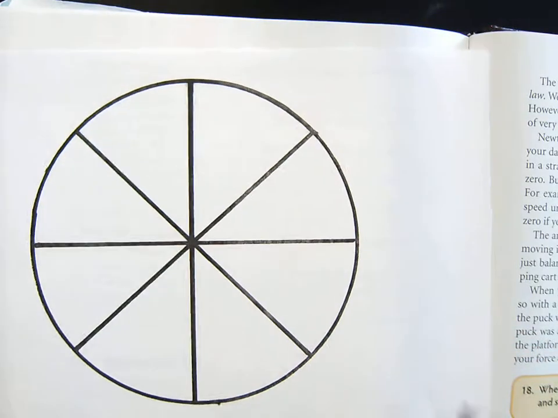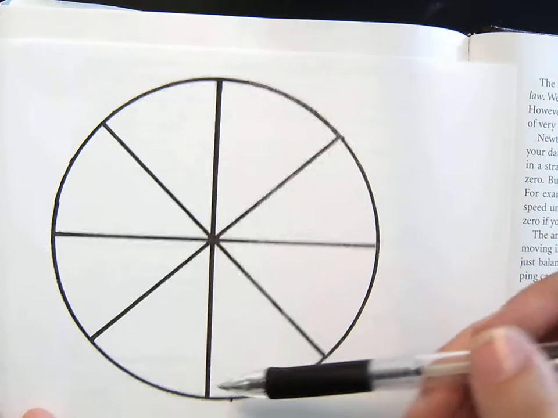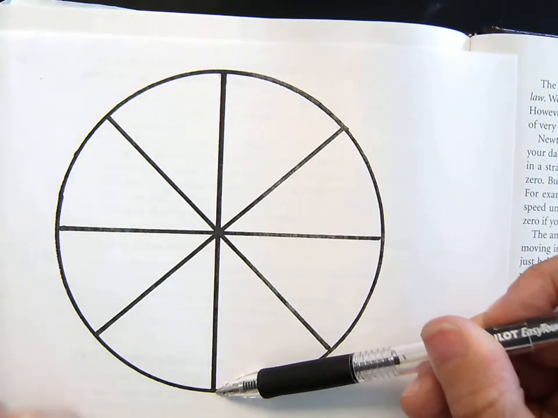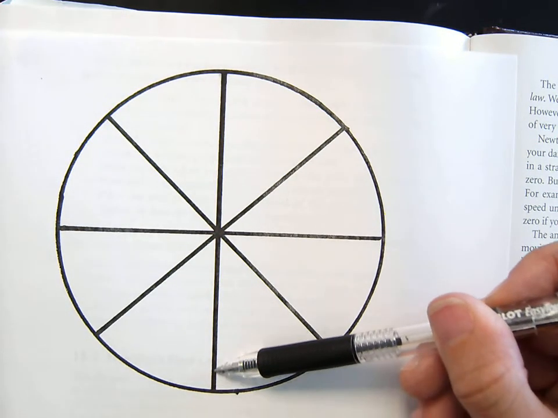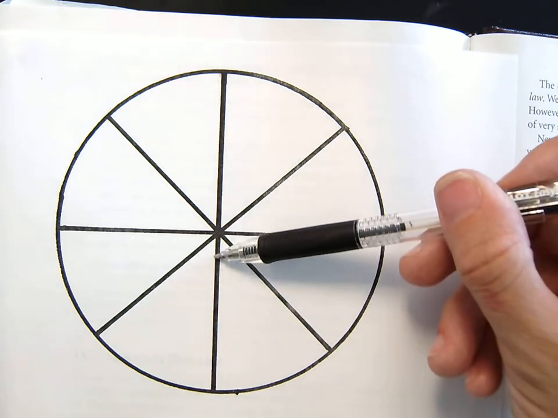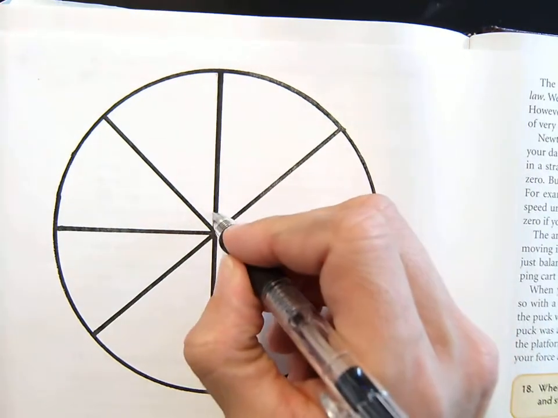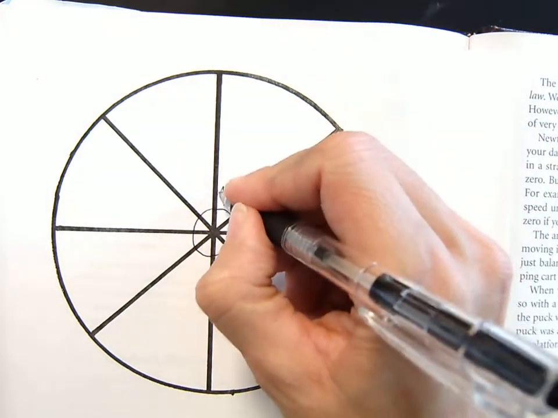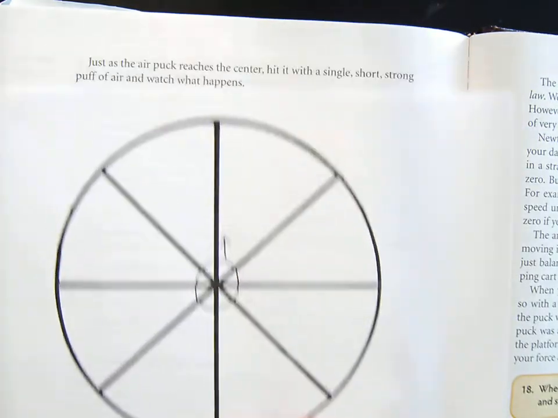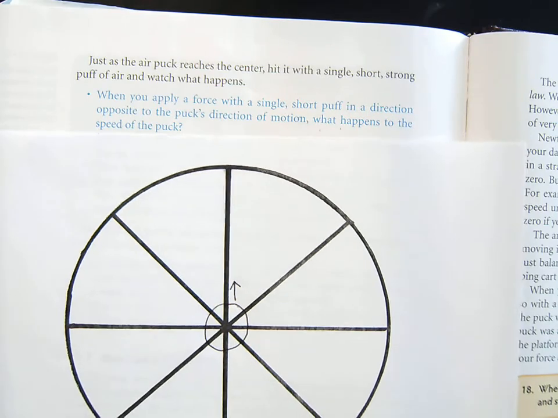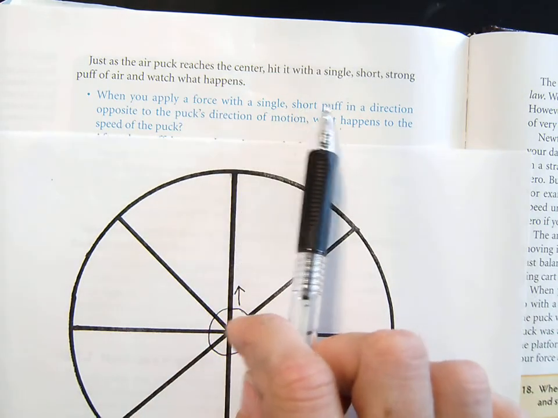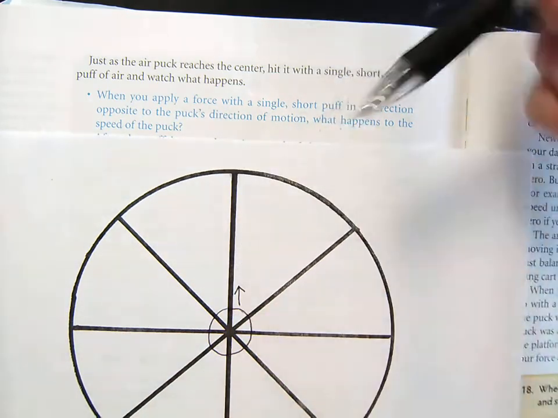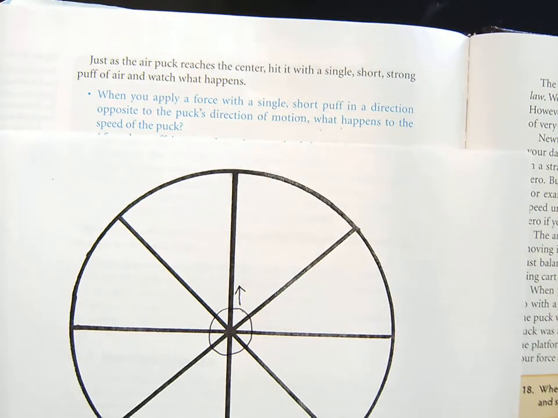So here's where the diagrams come into play. If the puck started here at the edge and I applied a little tap, it would move in this direction at a constant speed, going in the same direction. So right about the time that the puck is here, moving in this direction, if you read the first blue dot, they would have us apply a short puff of air in the direction opposite to the puck's direction of motion.